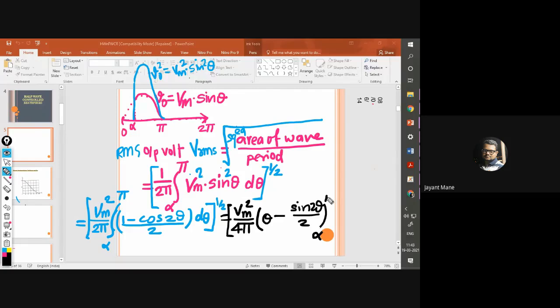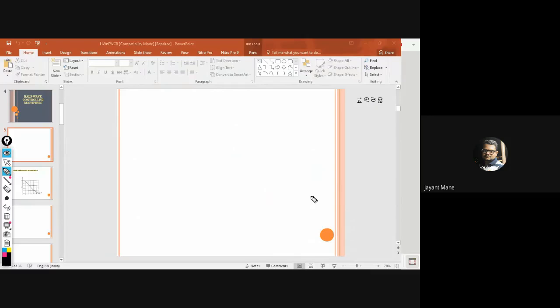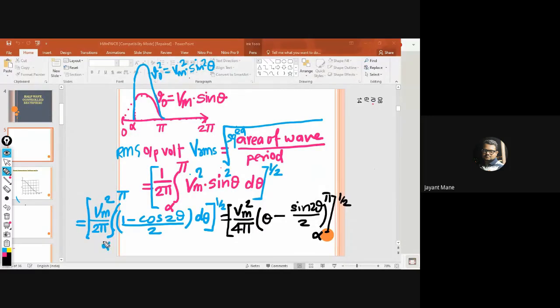The limits, this whole under root. Just substitute the limit. So it will be Vm square by 4 pi as it is here, then into bracket upper limit minus lower limit, again putting upper limit and lower limit.